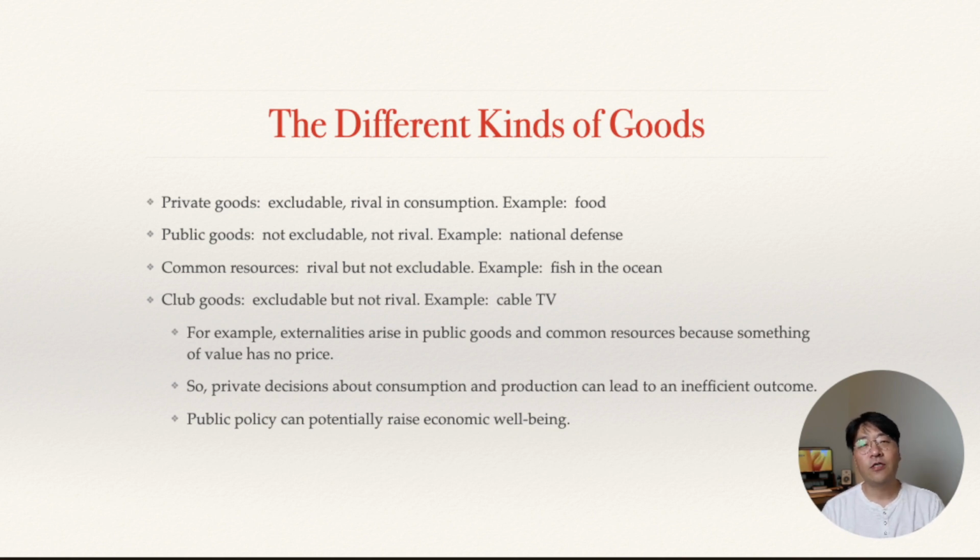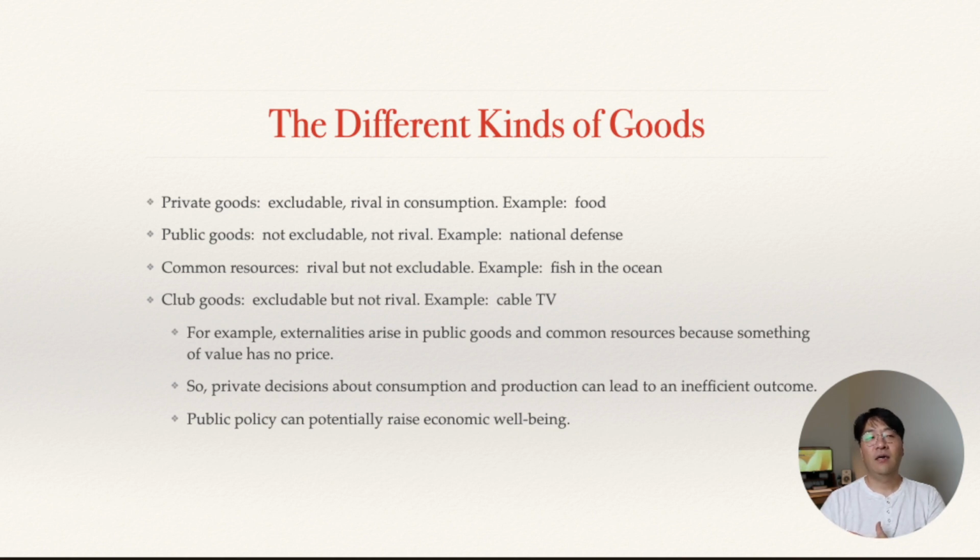Now, the next one is club goods. Club goods are usually membership-based services. One example is cable TV, or nowadays phone lines; cell phone lines are categorized in these cases. Interestingly, they are excludable but not rival. Once the infrastructure is built and you pay for it, you become a member and can use the line freely.